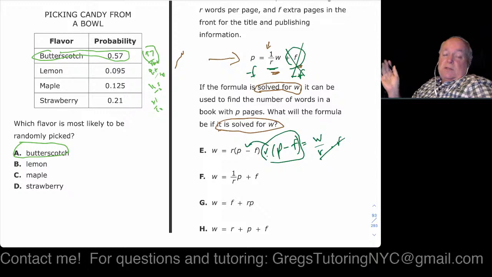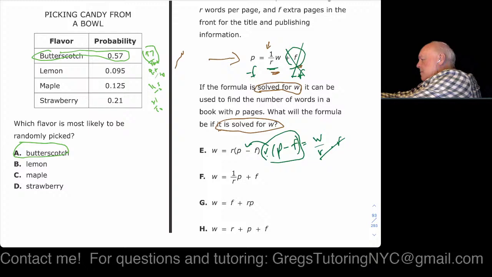That's all they're asking you to do here, solve for W. They gave the formula, solve for W. The rest is kind of fodder, okay? So that's all they're asking for there. So this really was not a hard question. Just let me make sure for verification purposes that 104 actually is E. Yes, 104 is E. All right, because I don't want to put my foot in my mouth here completely and totally screw up, right?